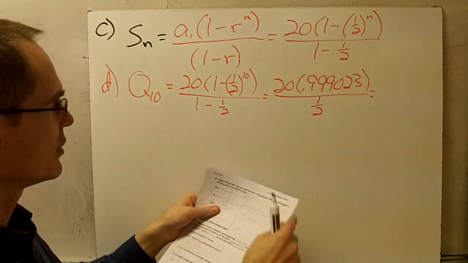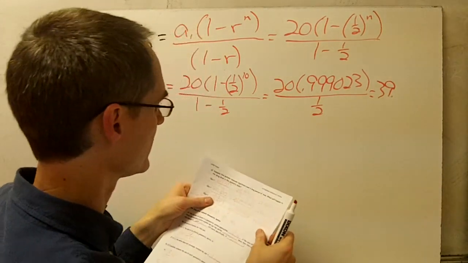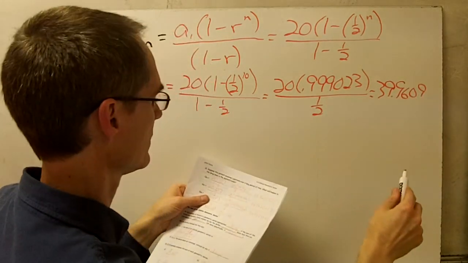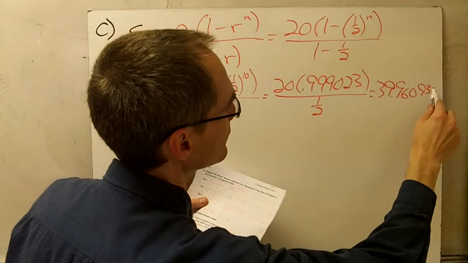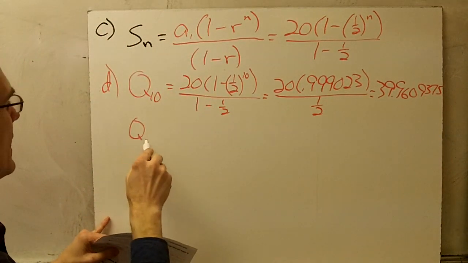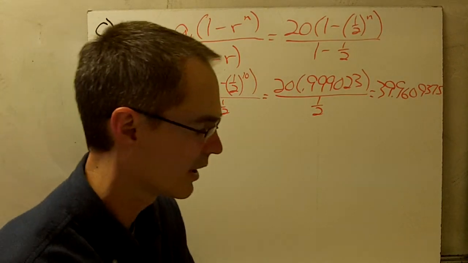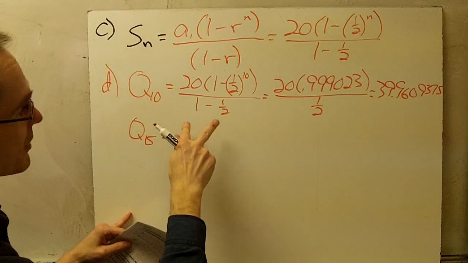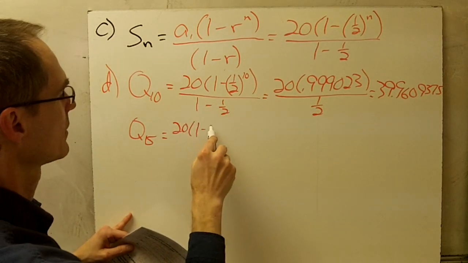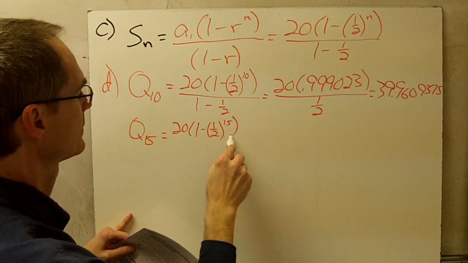And then if I keep going and punch that into my calculator, I get 39.9609375. All right. How about if I want to know how much drug is in the body after the 15th injection? Again, I'm going to use this same formula. I'm just going to replace my n with 15.